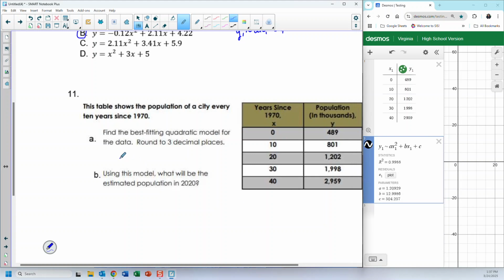So it looks like my equation is going to be y equals 1.21 x, oh, it says 3 decimal places, okay.